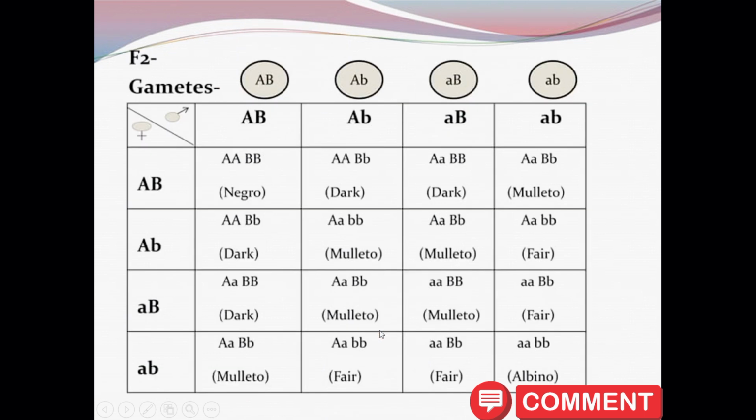This type of result is obtained, in which four dominant genes, three dominant genes, two dominant genes, as well as one dominant gene are present. In Negro, dark, mulatto, fair, and albino types of phenotype are produced. So we will explain this result.